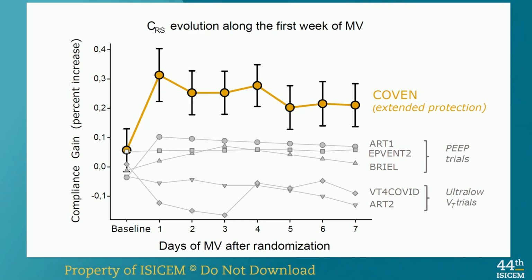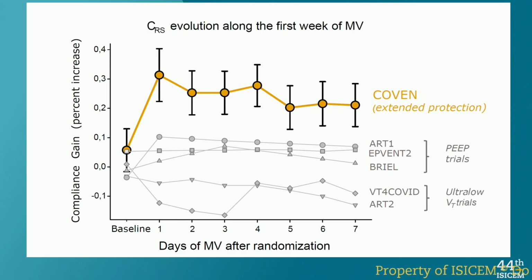Prone position monitored by EIT has been something very interesting, because you can make, I think, the best use of prone, and you can really make any single prone event successful.